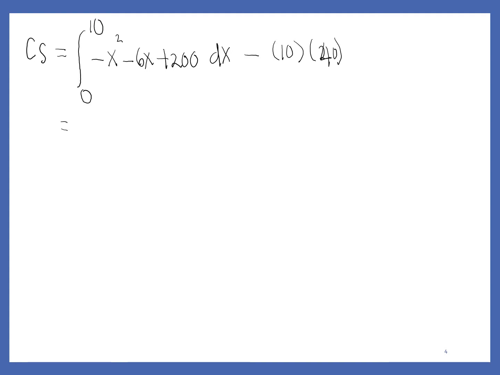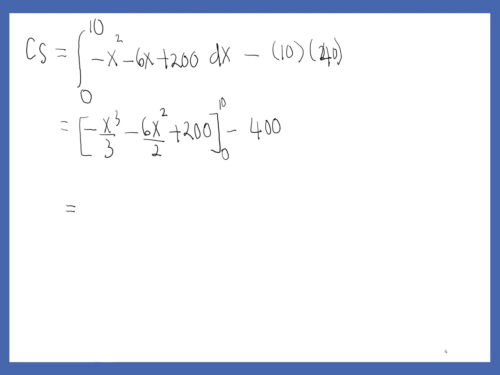Okay, so we integrate, so we get negative x cubed over 3 minus 6x squared over 2 plus 200x minus 400. Okay, this one is from 0 until 10.